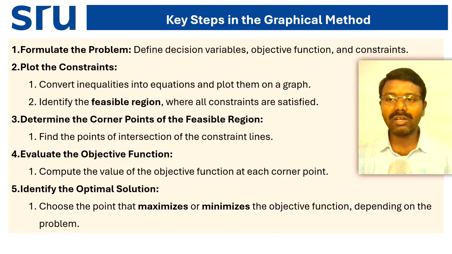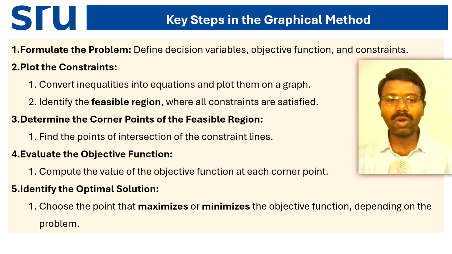Here are the key steps involved in a graphical method. First, formulate the problem: define the decision variables, objective function and constraints, and plot the constraints. Convert the inequalities into equalities and plot them on a graph, and identify the feasible region where all constraints are satisfied.